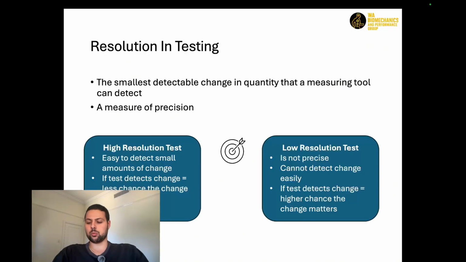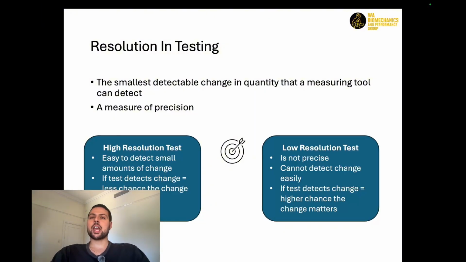When we think of taking objective measures, we have high resolution tests and low resolution tests. A high resolution test makes it very easy to detect small amounts of change. So that test can pick up changes really easily. If the test detects a change, there's probably less chance that the change is clinically meaningful, just because there's so much noise; it can pick up the tiniest little details.